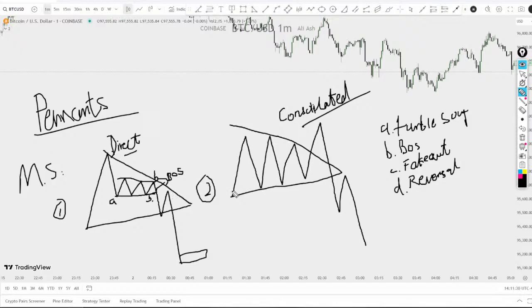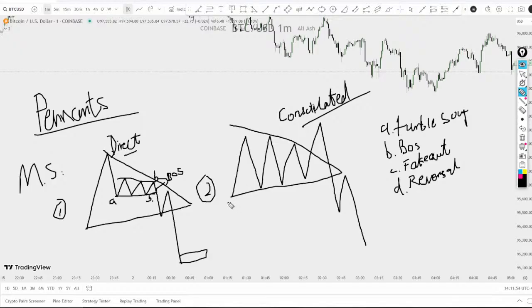Now, most probably these are the pennants which we see usually. 90% of the pennants will be this one, and when the market is trending, on some bull run or bearish side of things, we'll see the direct pennants, unless and until we have consolidation.